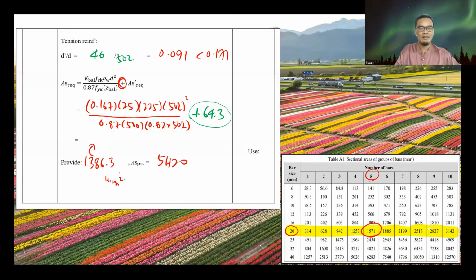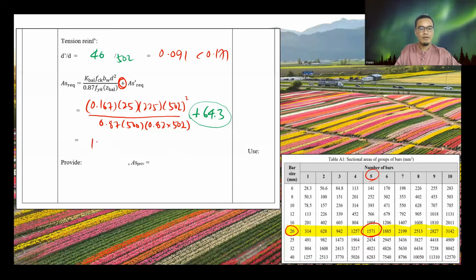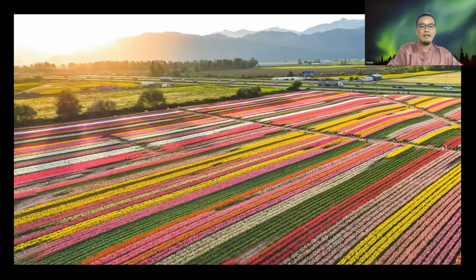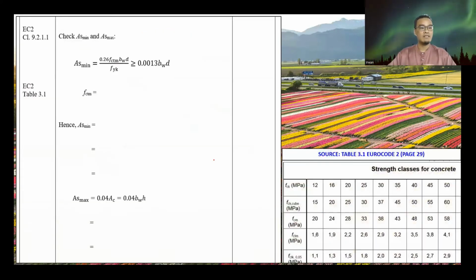Wrong space to write. 1386.3 mm square. So 5H20 gives 1571 mm square. Next, as usual, you have to check the AS minimum and AS maximum.